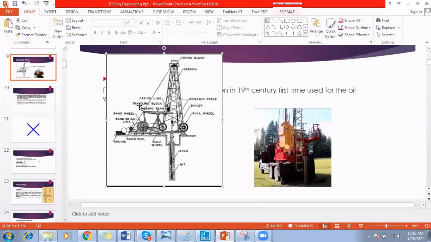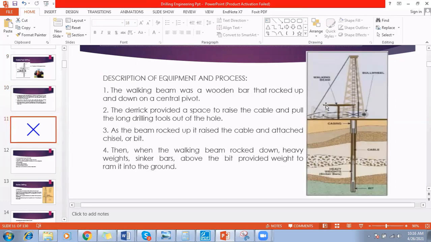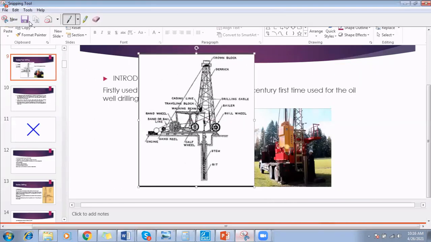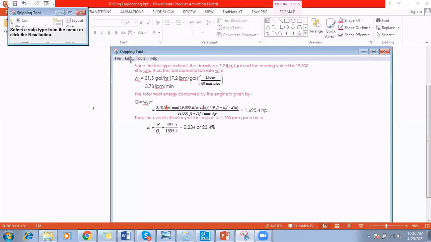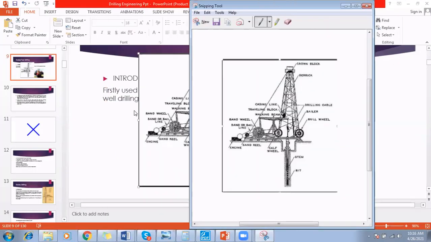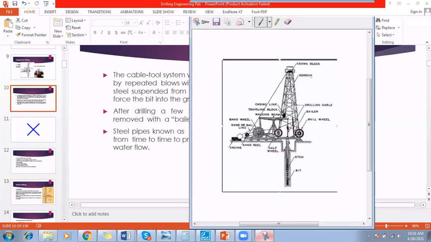So we will discuss this now. Okay, let's choose this image. So let's discuss how cable tool drilling actually works.